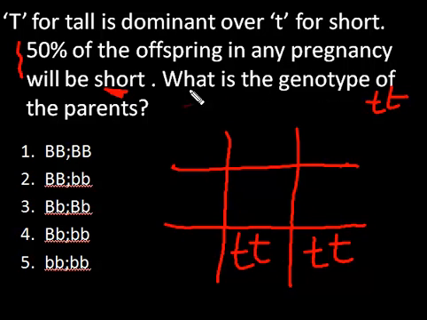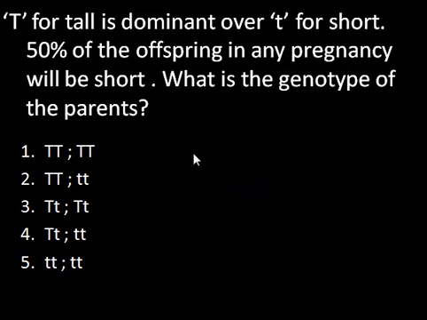Then it asks you what the genotype of the parents is. So let's look at this question, which is a clinical problem about height. It tells you that uppercase T is for tall and is dominant over lowercase t, which is short.